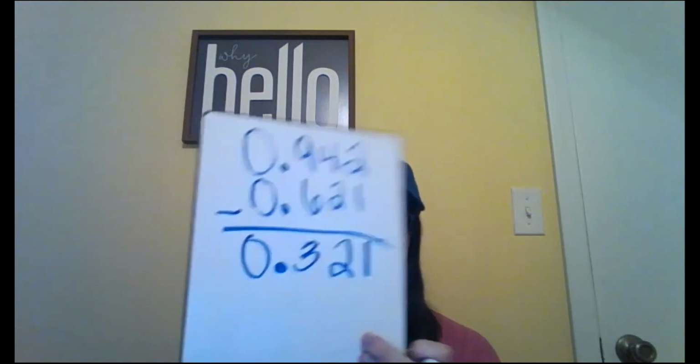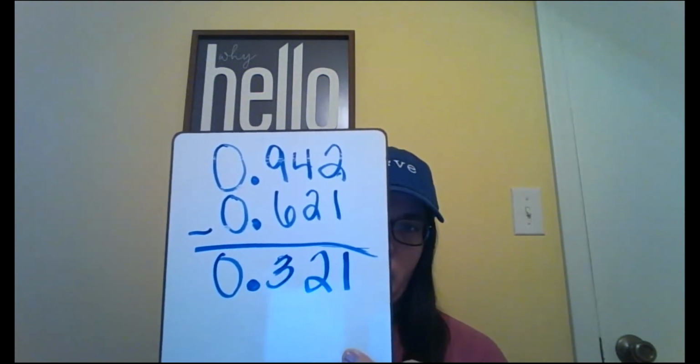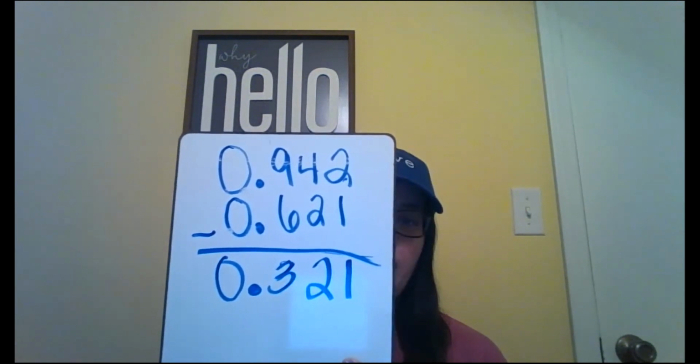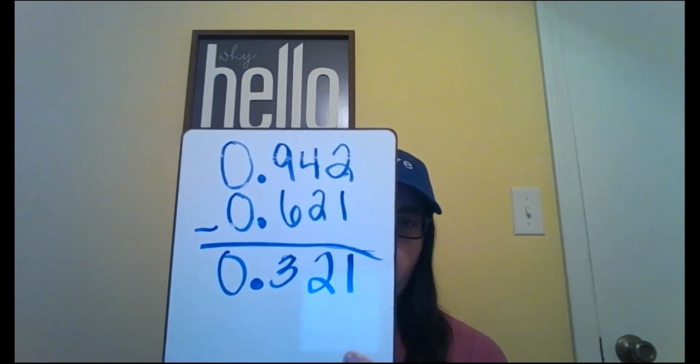And then bring down that decimal point straight down. And then 0 minus 0 is 0. So 0.942 minus 0.621 is 0.321. So on that subtraction problem, we didn't have to do any borrowing because all the bigger numbers were on the top. But let's look at one where you'd have to borrow.